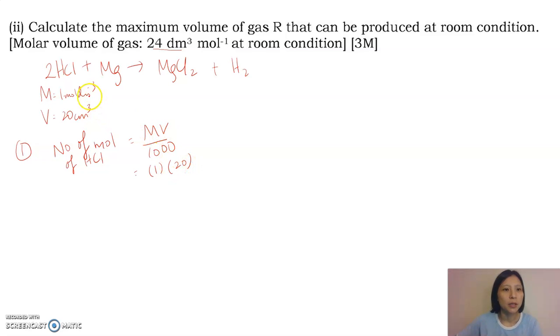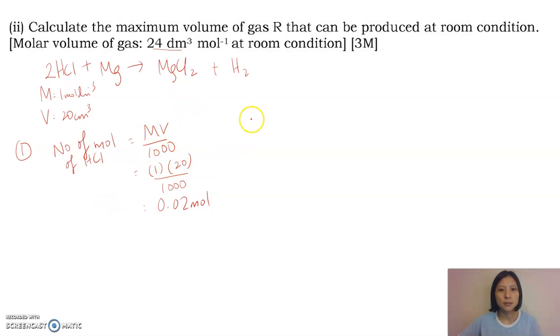Because this is dm cube and cm cube, we have to change the cm cube to dm cube. That's why we have to divide by 1000. So let's calculate that. 20 divided by 1000, that's 0.02 mole.